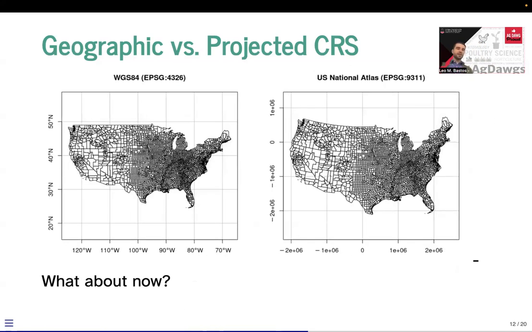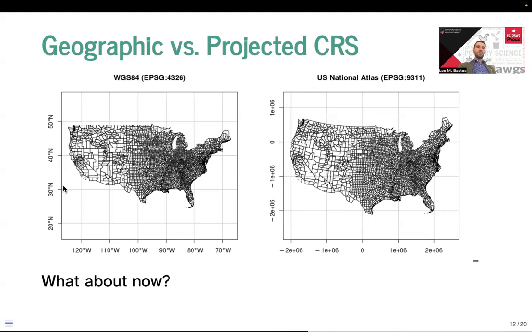So this is another example here. I do have the labels there of what the coordinate reference system is. This first one is WGS 84, and you can see it fits as a square, whereas this other one, the US National Atlas, follows the actual shape of the US a bit more.